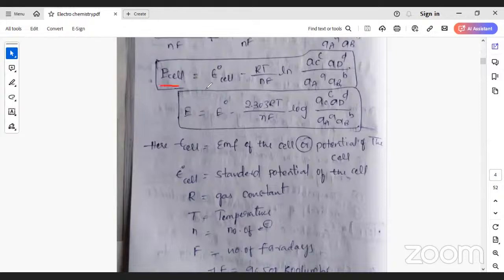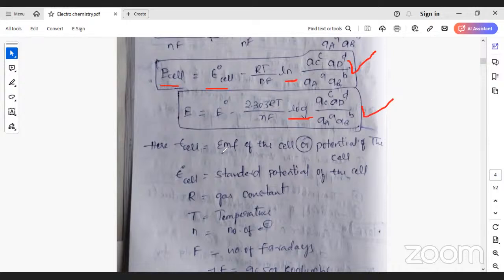E cell equals E naught cell minus RT by nF ln activity of the products by activity of the reactants. In place of ln, if we take the logarithm, E cell equals E naught cell minus 2.303 RT by nF log activity of the products by activity of the reactants.